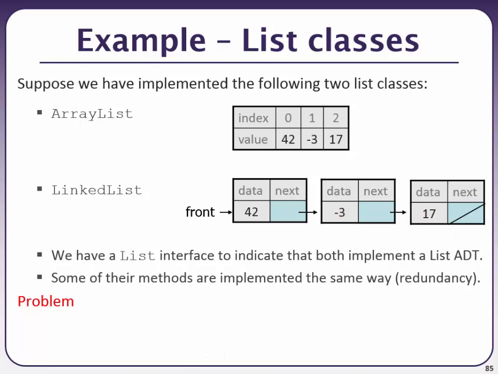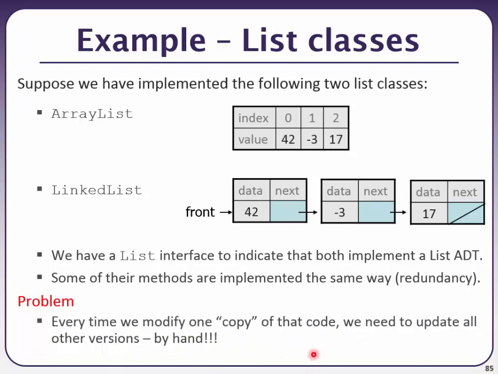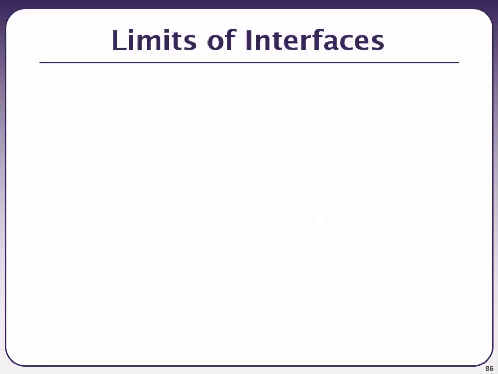We're not going to go into the detail of what linked lists are and how to implement them. Our problem here is more conceptual. Every time we modify one of those methods that is common between the two classes, we need to go find all the versions and update them all by hand. That's what we want to avoid.